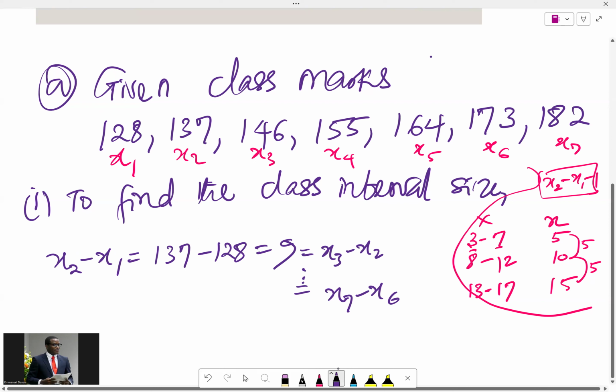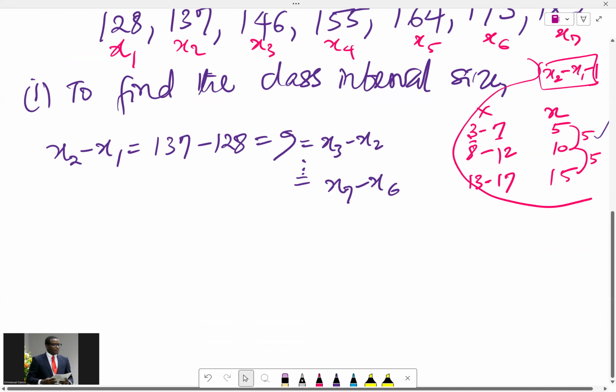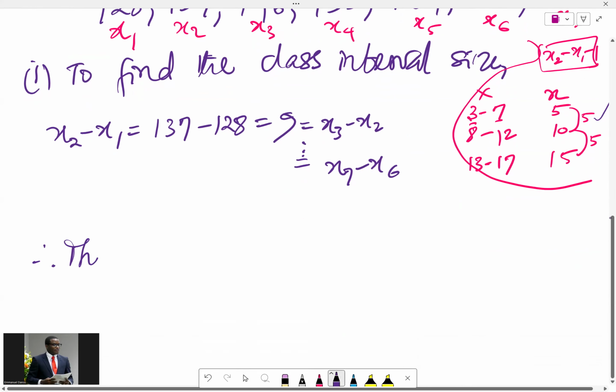So if that is anything to go by, this is the interval between the class marks, like the 5 we had before. But the actual class interval size is going to be 1 less than 9. So we can say, therefore, the class interval size is something like x(n+1) minus x(n), minus 1. If you like, let's call that CIS, the class interval size.